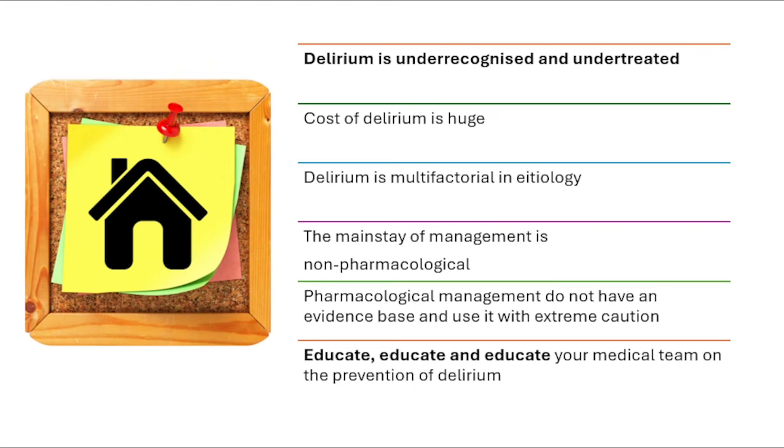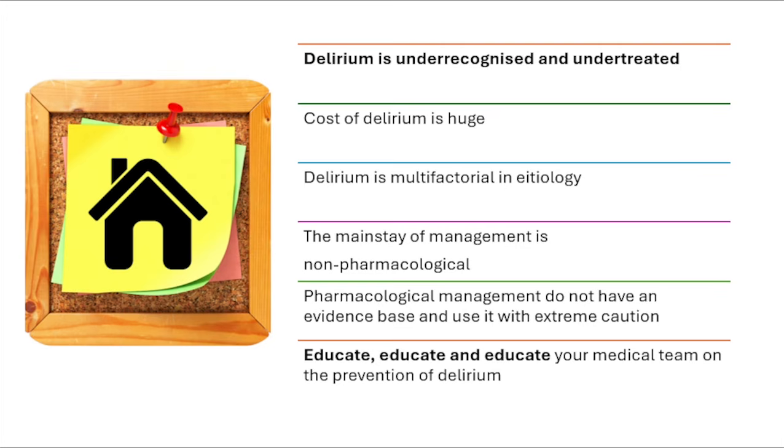If you think it is a UTI, there can be other causes of delirium as well. The mainstay of management is non-pharmacological management, right? Educate your staff to do the non-pharmacological management, which is the most effective one. Pharmacological management does not have an evidence base, so use it with extreme caution.